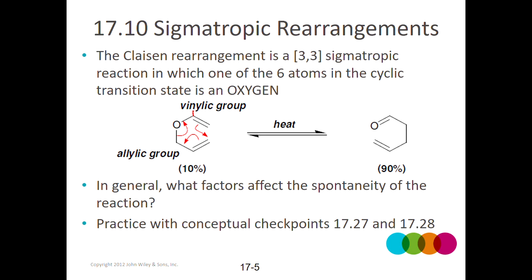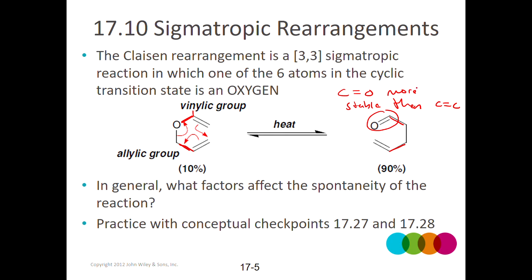Because here this pi bond has one group bonded to it that's not a hydrogen, and one over here that's not a hydrogen, and the same thing over here. So these two sides, the pi bonds are roughly equally substituted with non-hydrogens. But there is a difference because the C=O double bond is especially stable. And we've seen that before.